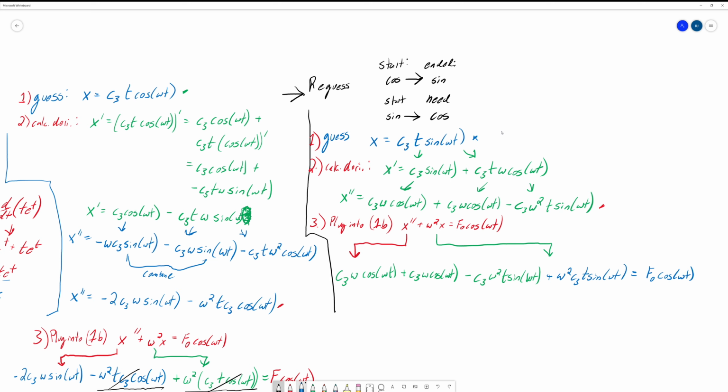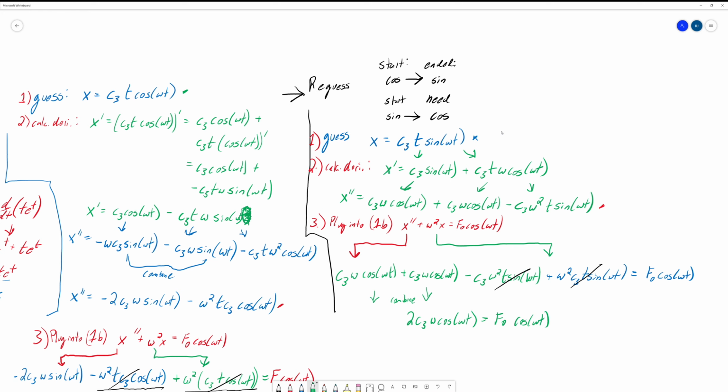All right, so let's look. Well, this is going to be minus C3 omega squared t sine of omega t, and that's what we have right here too. So these terms cancel, and what we're left with is, these are the same terms, so this is going to be combined. We have 2 C3 omega cosine of omega t equals F naught cosine of omega t.